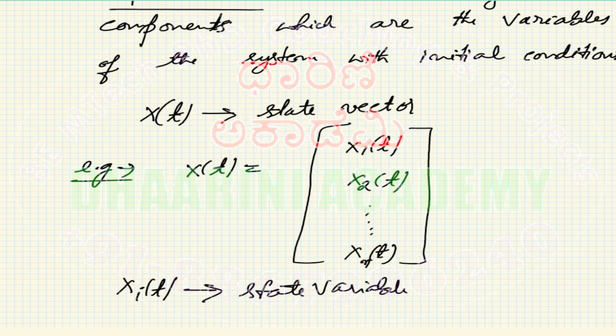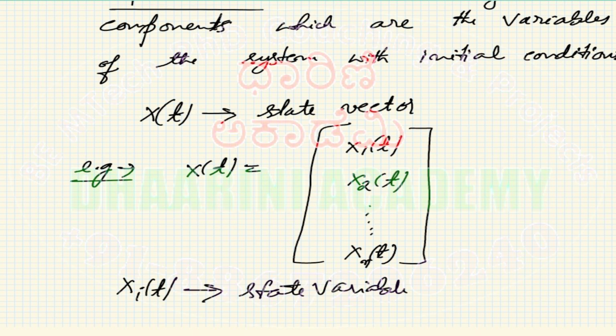Similarly, if I extend the concept to t equal to 3, t equal to 2 becomes your initial condition. All the past values until some time t naught, which can be anything. Initially I mentioned that it is 0, but later on we updated to t naught. Any t naught can be considered as a general initial condition.